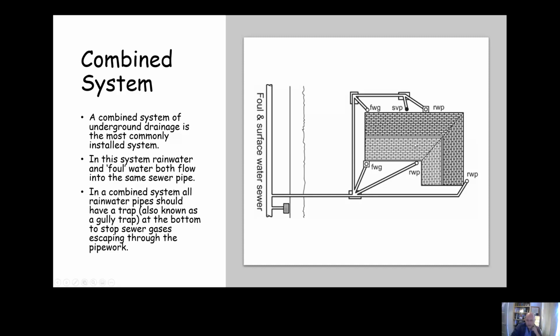So every time you open the window, you're getting all these sewer gases blown into your house. So if you have a combined system, or potentially in a partially separate system, some of those pipes will be connected into a foul water sewer as well. Any rainwater pipe that's connected into a foul water sewer should have a trap on it to stop the smells getting back out. Okay.